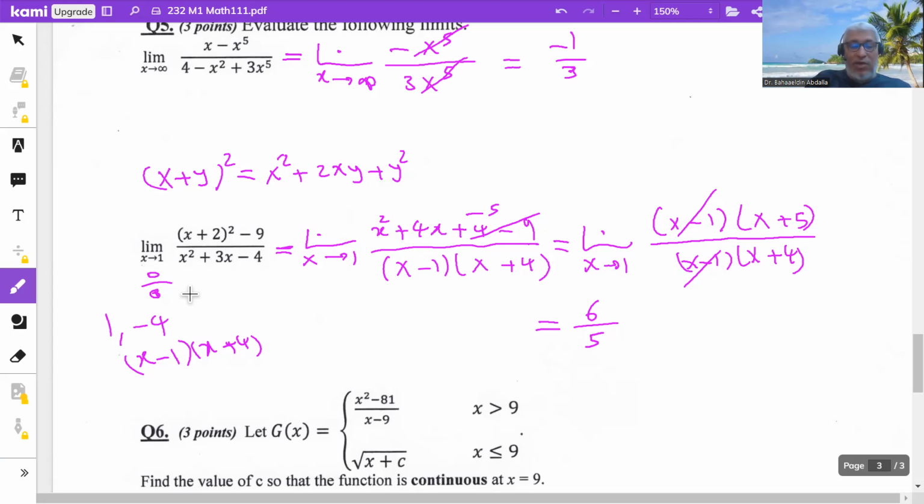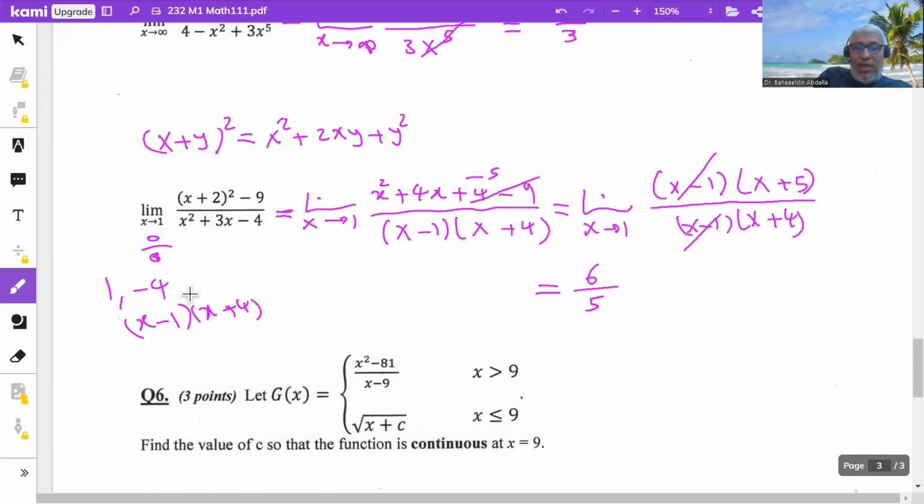What is the answer? The calculator says 1.1999. Well, 1.1999 is about 1.2, and 6 over 5 is 1.2. So my answer is correct. It's good to always check that your answer is correct.